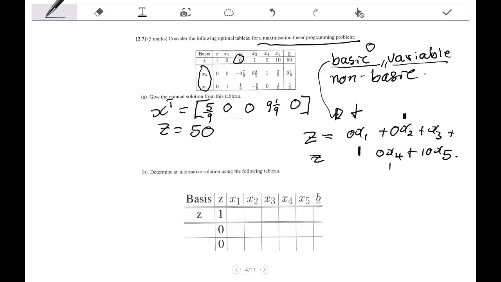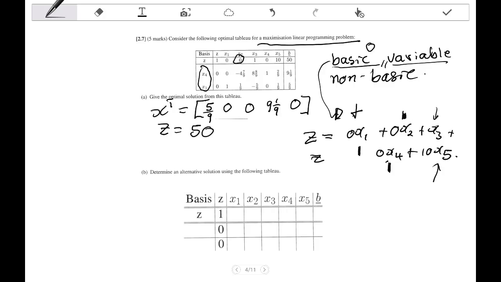And if I say x4 is 1 now on the basis, there's no change on z because the coefficient of x4 is 0. But if you bring in x5 or x3, there will be a change on the z.